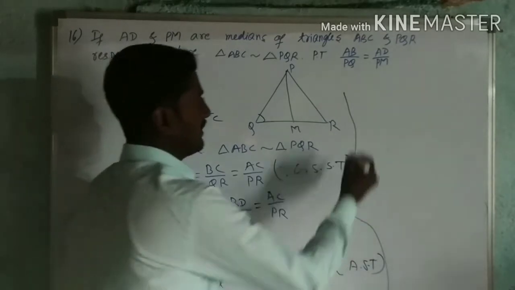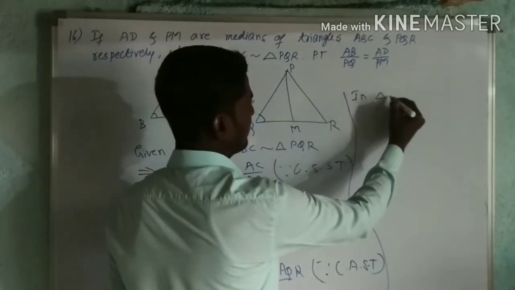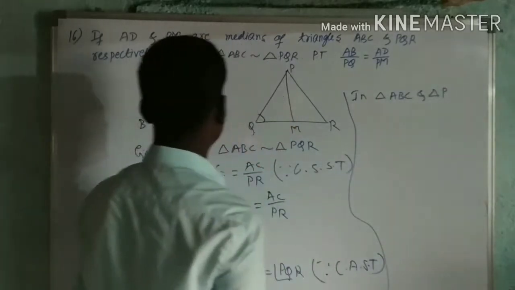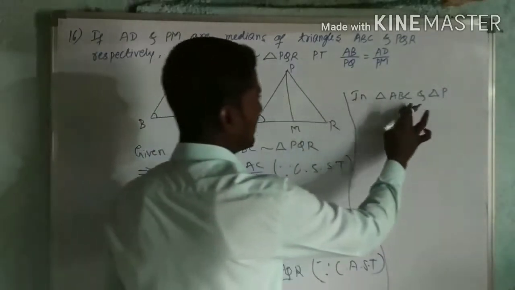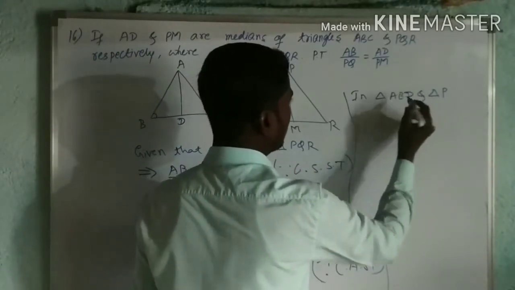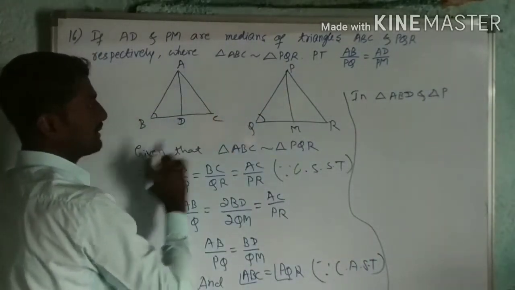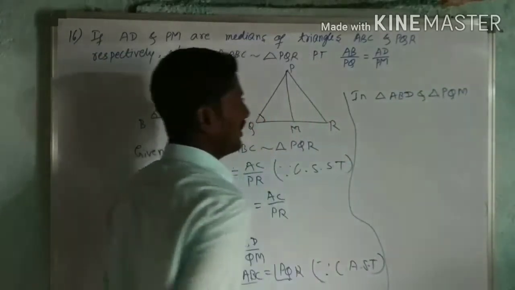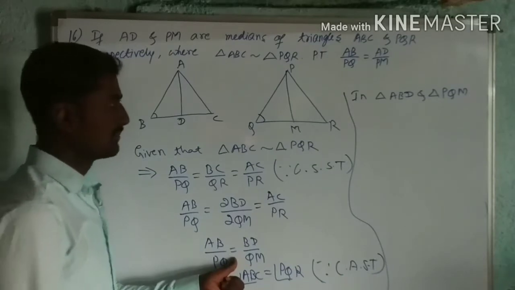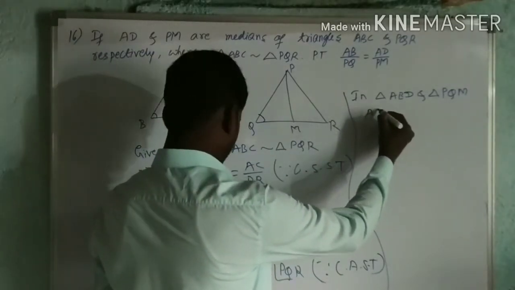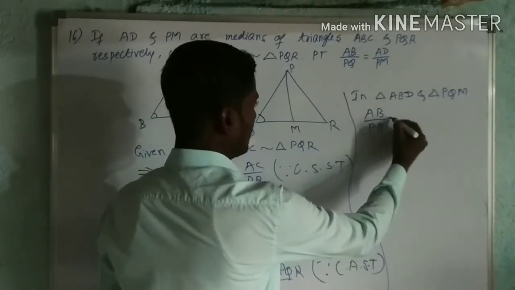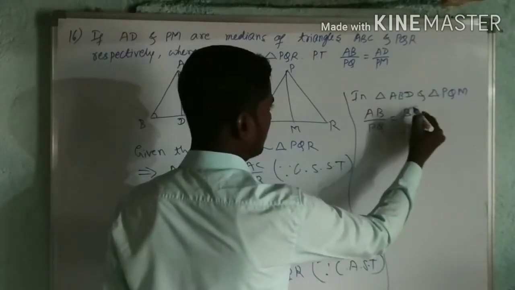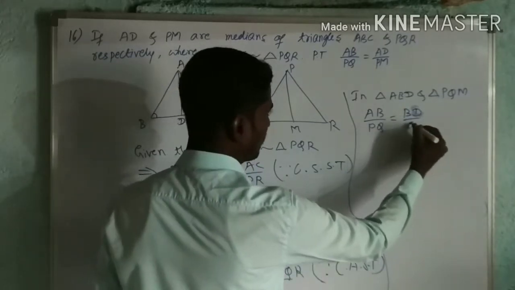Now what I can write? In triangle ABD, then PQM. So let us take this first. AB divided by PQ is equal to BD divided by QM.